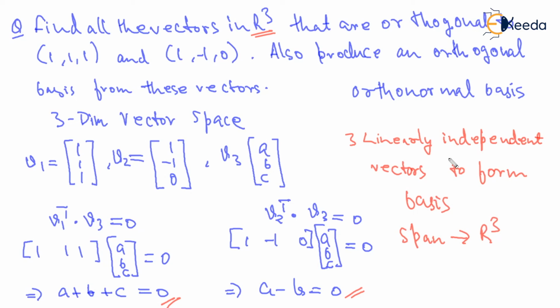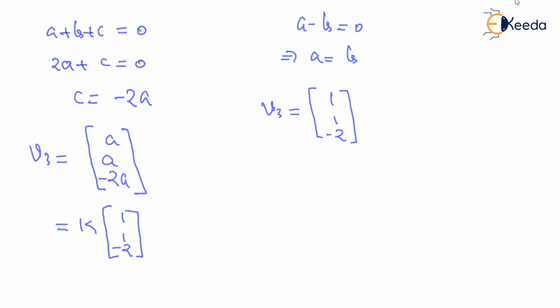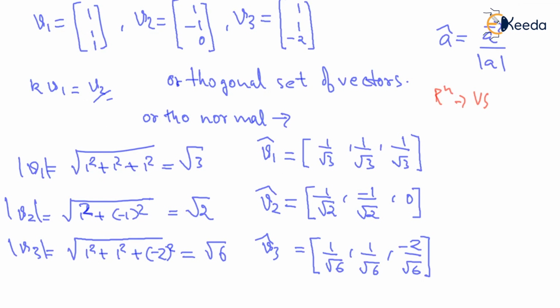We know that orthogonal vectors are linearly independent. So V1, V2, V3 are linearly independent, and for R3 these three vectors form the basis and will span the three-dimensional vector space. And we have made them unit vectors, so these three form an orthonormal basis for the three-dimensional vector space.